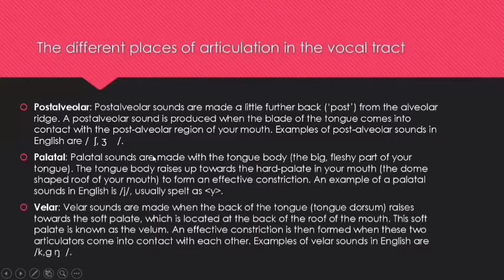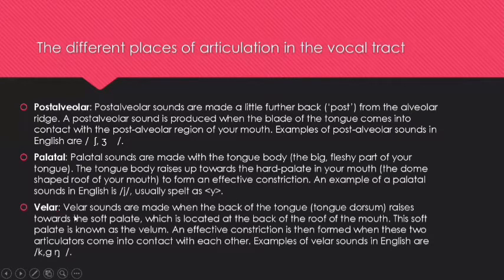Palatal. Palatal sounds are made with the tongue body, the big, fleshy part of your tongue. The tongue body rises up towards the hard palate in your mouth, the dome-shaped roof of your mouth, to form an effective constriction. An example of palatal sounds in English is this. These are the examples of palatal sounds in English.